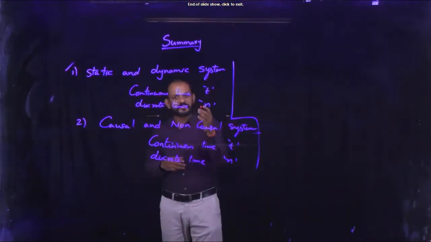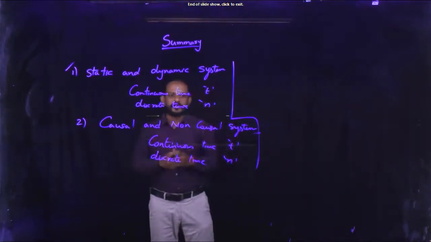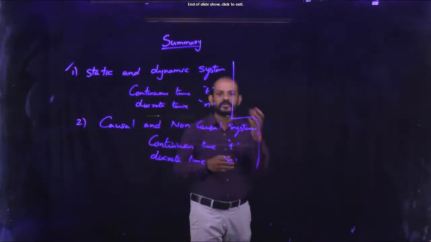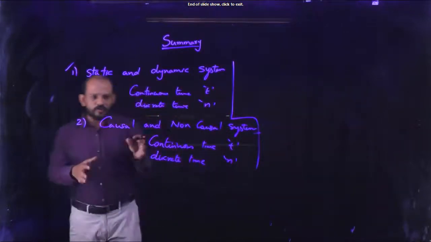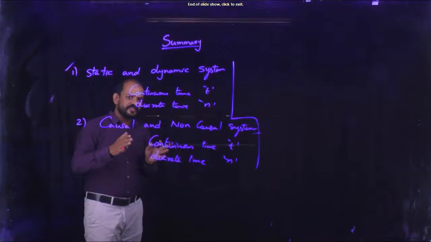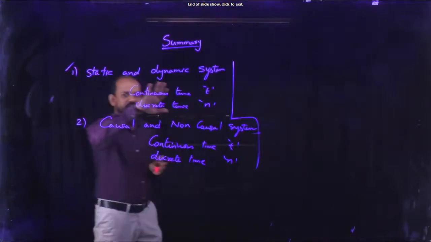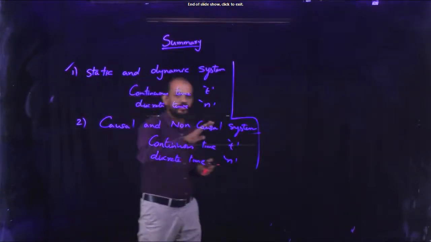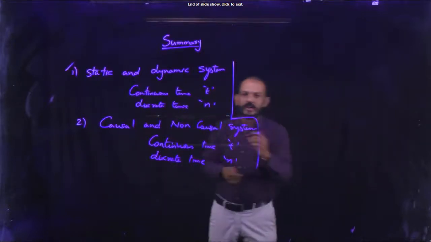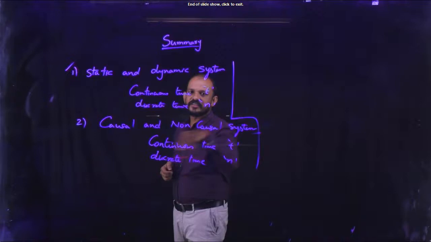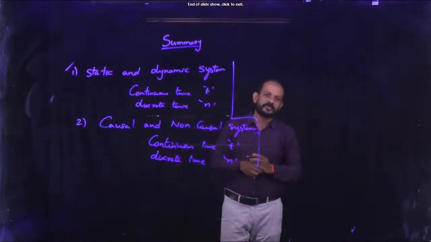I also explained which one is causal and dynamic, which one is non-causal and dynamic, which one is causal and static. I explained everything. So now I hope you are all able to distinguish this is static and this is dynamic, this is causal and this is non-causal, and which one is causal and dynamic. You all have a perfect idea about all these 4 types of systems, so you are able to distinguish.